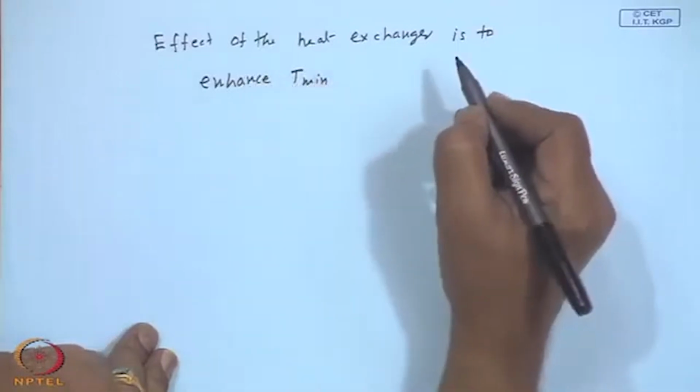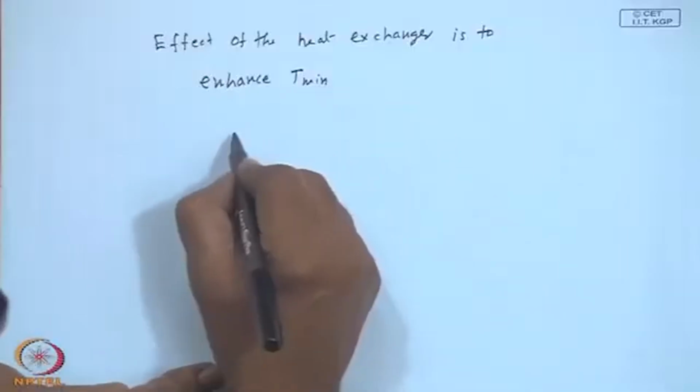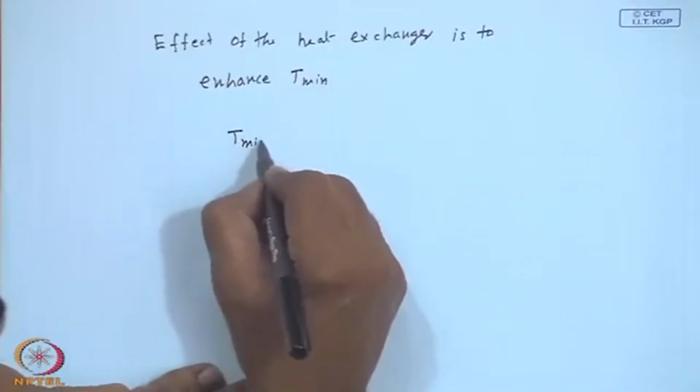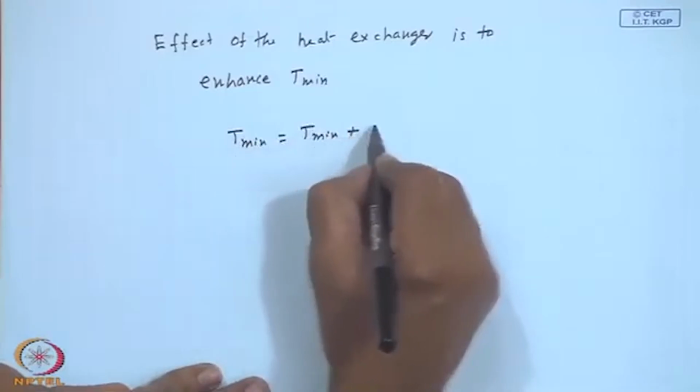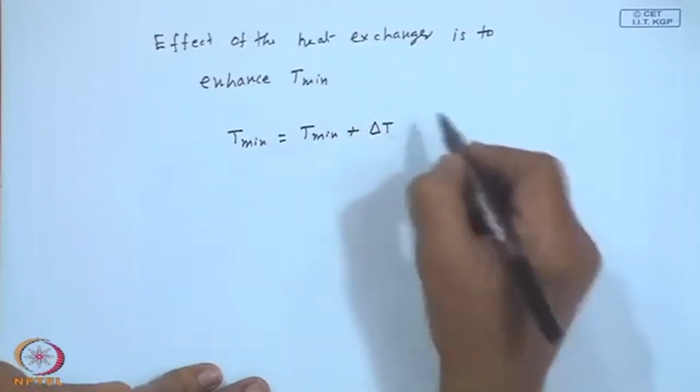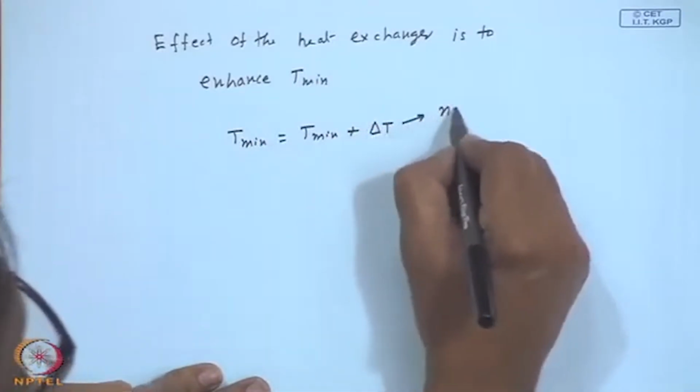Since there is a temperature drop across the load heat exchanger, the collector will be required to supply energy not at T minimum, but at a temperature higher than T minimum, and let that now be the original T minimum, which is our 60, plus a delta T not known a priori.